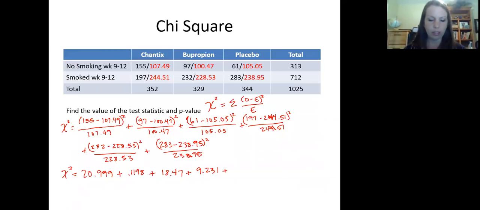Plus, the next one is 232 minus 228.53, square that and divide by 228.53, which gives me 0.0527.